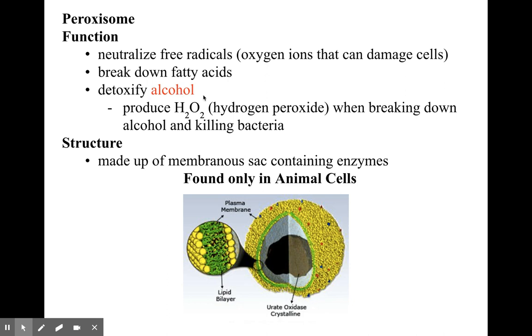When it does that to the alcohol, it actually makes hydrogen peroxide, which you are familiar with if you've ever seen the brown jar in your bathroom, right? That your mom puts on your cuts to clean them out. That's actually how it gets its name, peroxisome, because it makes hydrogen peroxide when it breaks down alcohol or when it kills bacteria.